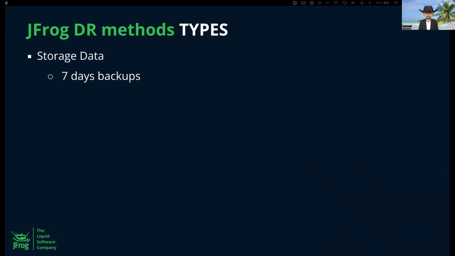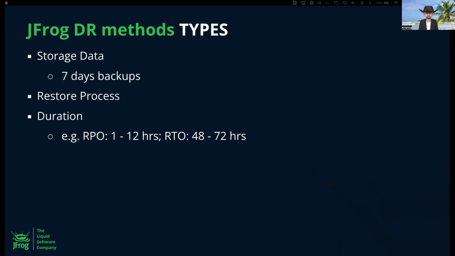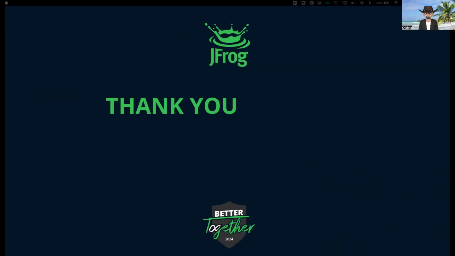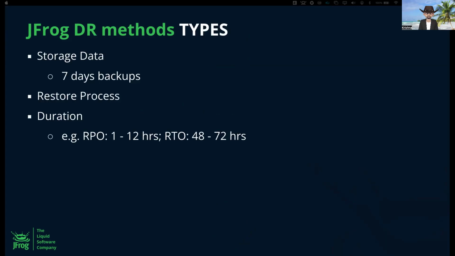For example, JFrog supports taking backups of your data and keeps the data for 7 days, and the restoration process can be done if any outage happens. Similarly, the RTO and RPO are based on your subscription license, and vary based on your license.